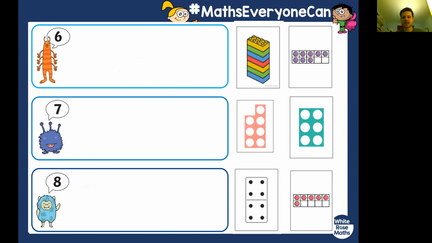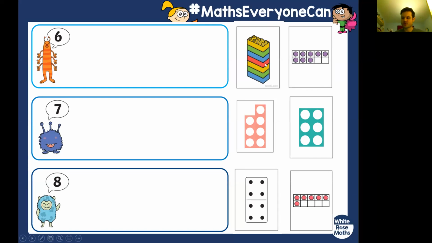And I want to see if you can put the cards on the right-hand side in the right place. So can you put the cards next to the right alien and match up the pictures with the numbers 6, 7, and 8 for me? Pause the video, have a go, and we'll go through them together in just one moment.